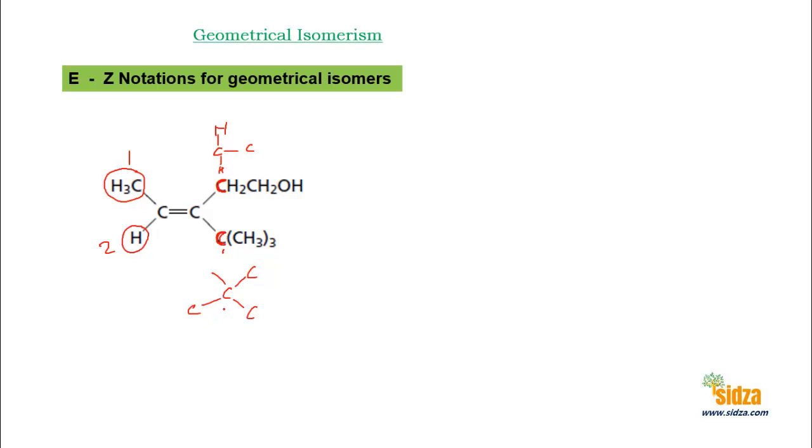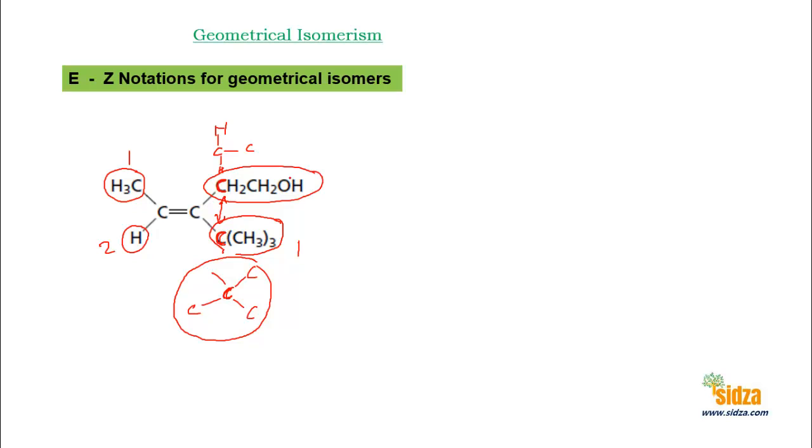The situation is like this. Here you have a tie at first, but then we have to see what groups are attached to this particular carbon. It is 2 hydrogens and 1 carbon. Here in this case it is 3 carbons. So obviously this group will get number 1 priority over this one.